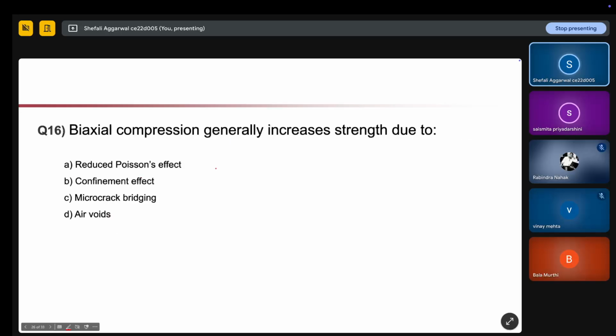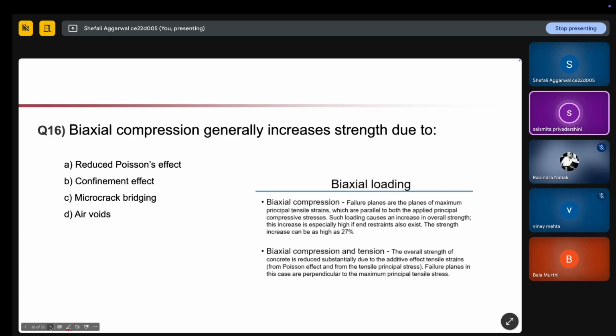Next question is, biaxial compression generally increases strength due to reduced Poisson effect, confinement effect, microcrack bridging, or air voids. So in compression, what will happen? Reduced Poisson effect?